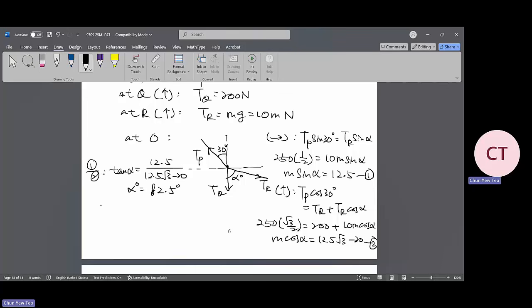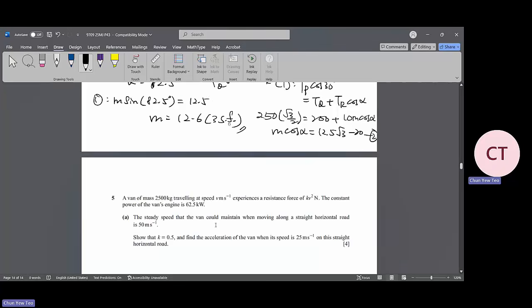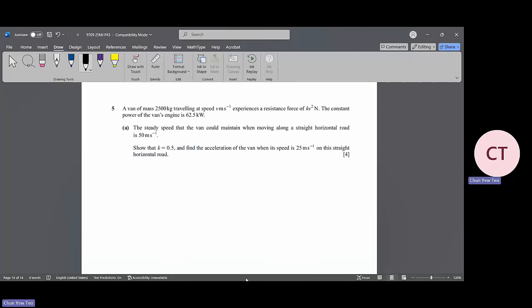Then over here, you replace it back into equation 1 to get m sine 82.5 degrees will give you 12.5. So press the calculator again, you get your m is equal to 12.6 to 3 significant figures. Done. This will be the answer for question number 4. And moving on, we have question number 5.